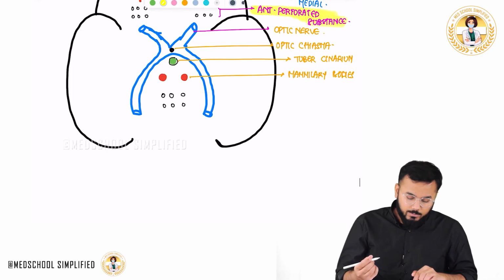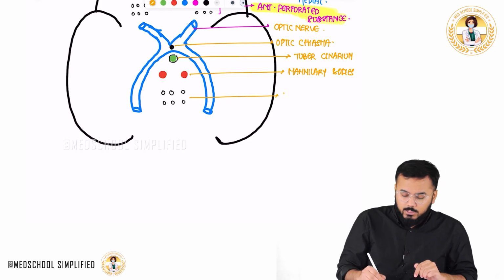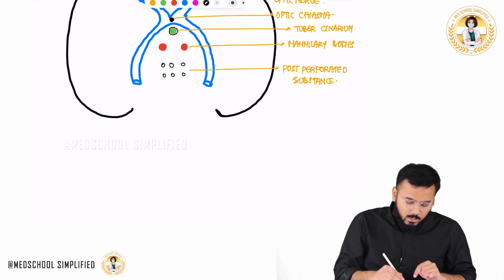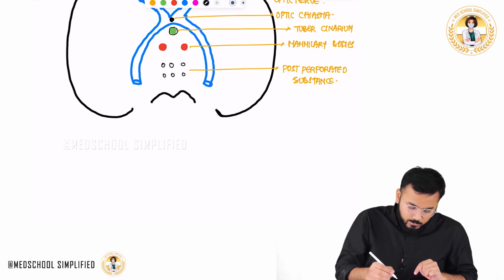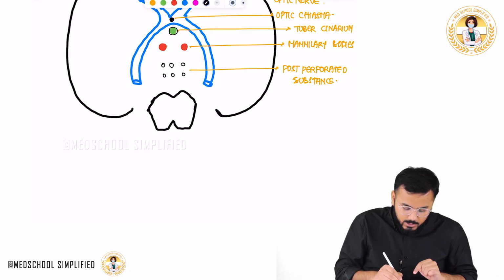Obviously posterior perforated substance. Now behind this posterior perforated substance, what is this particular part you have got? It is your midbrain.